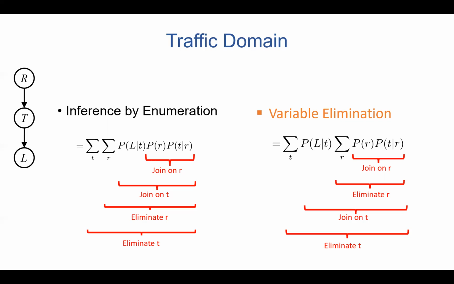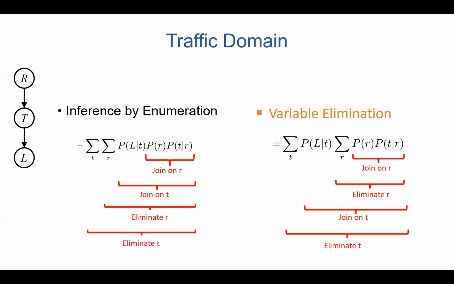We really don't have to do all the joins first and then eliminate, because by doing all the joins, you're still coming up with the large joint distribution. That's difficult. That's problematic for larger networks. What we can do is do some joins together and then eliminate some variables, then do more joins and then eliminate some variables, and then joins.